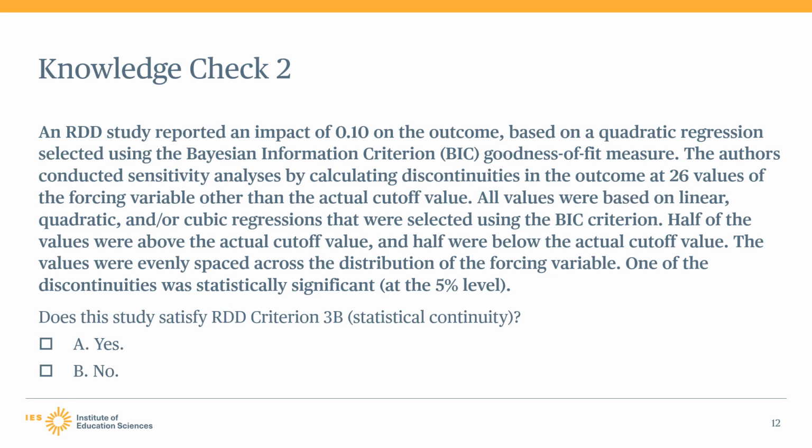The authors conducted sensitivity analyses by calculating discontinuities in the outcome at 26 values of the forcing variable other than the actual cutoff, all based on linear, quadratic, or cubic regression selected using the BIC criterion. Half of the values were above and half were below the actual cutoff. The values were evenly spaced across the distribution of the forcing variable. One of those discontinuities was statistically significant at the 5% level.